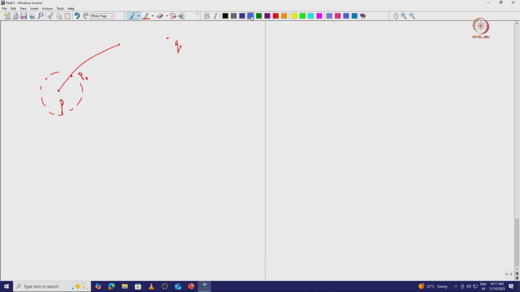Now you have another curve, this time connecting P to Q, and it hits the geodesic sphere at this point P1. So let us look at the distance from P1 to Q. Clearly that is going to be less than or equal to the length of the part of sigma between P1 and Q.